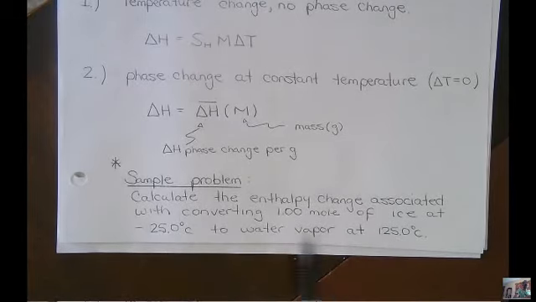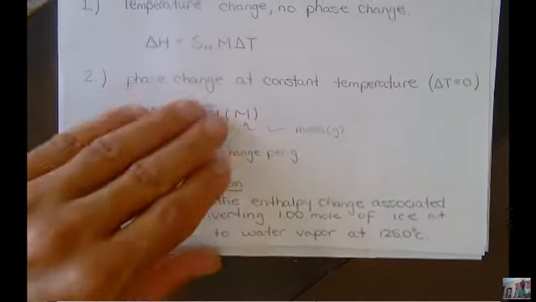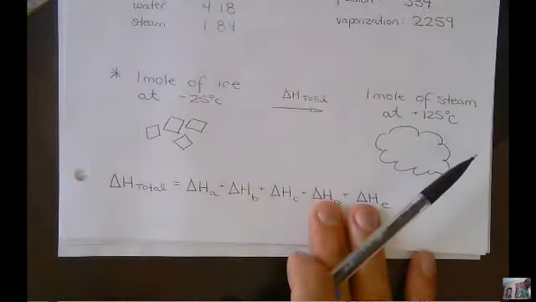And same thing with water vapor. Water vapor you create at 100, but we can superheat the water vapor. After it's vaporized, we can continue to heat it and get it from 100 all the way up to 125. So there's going to be a bunch of steps in here, and let's take a look at what they're going to be. Okay?